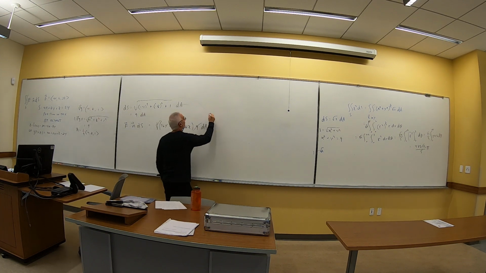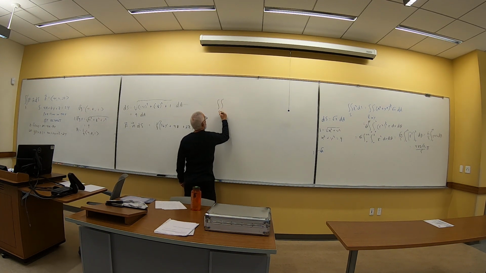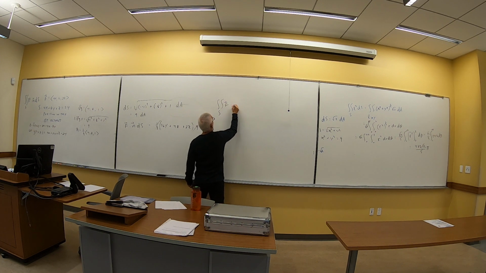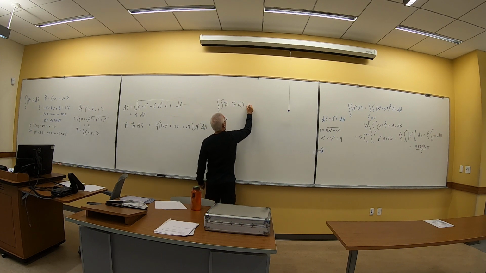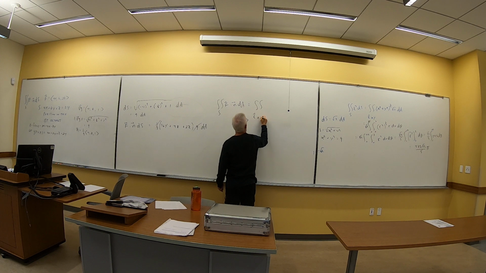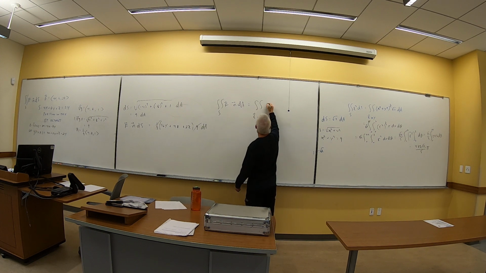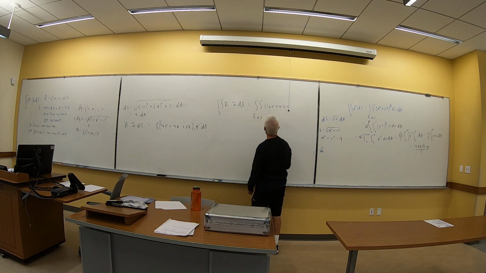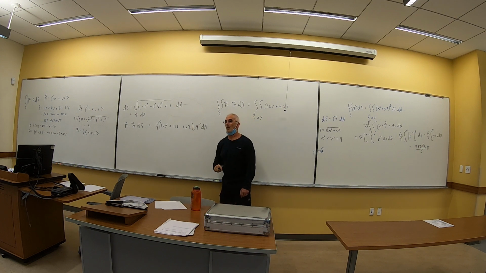So now I can say the double integral over the surface of f dotted with n dS is equal to the double integral over the region in the xy plane of 16y plus 48 plus, oops, wait a minute. I can't write 2z, can I? I have a double integral, can't have 3 variables.